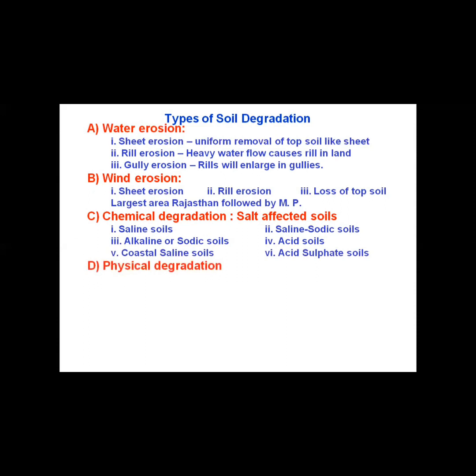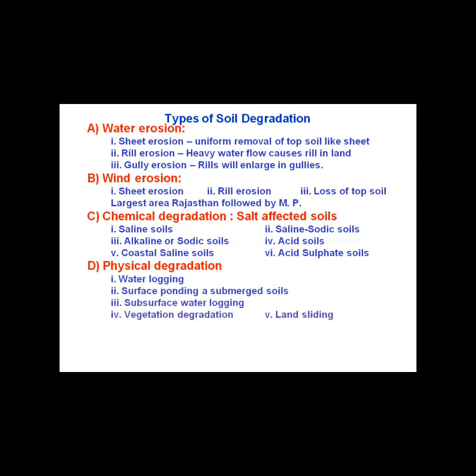The fourth type is physical degradation, which may be waterlogging, surface ponding or submerged soils, subsurface waterlogging, vegetation degradation as well as landsliding. All these are types of physical degradation.